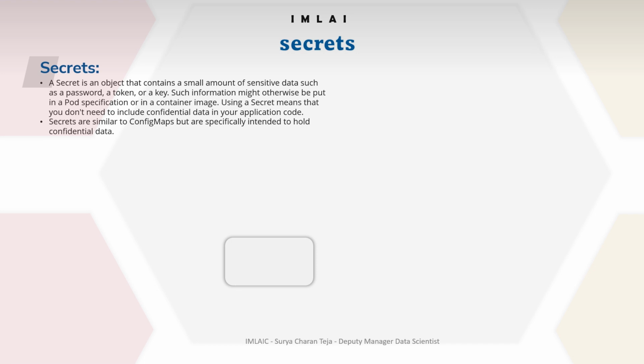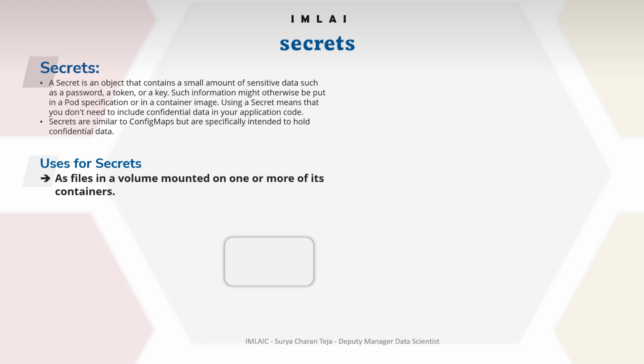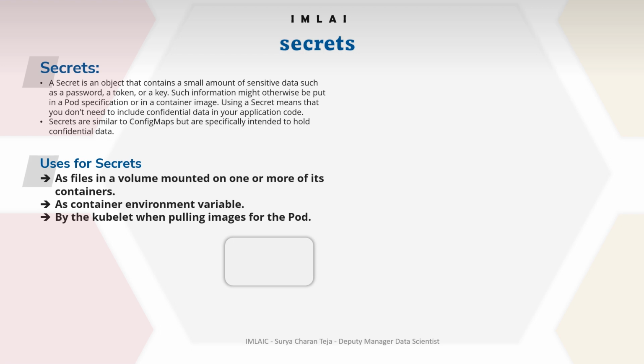So then what are the use cases for secrets? There are three main ways for a pod to use a secret. First, as files in a volume mounted on one or more of its containers. Two, as a container environment variable. Three, by the kubelet when pulling images for the pod.